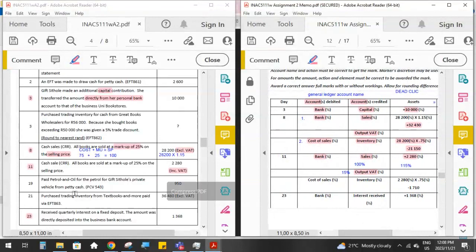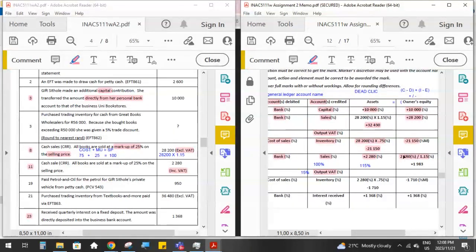And then again, cost of sales, same calculations we did before. We have to use the excluding VAT amount, the 2280, times 75% to work out. Sorry, oh, this memo, I remember now, it had an error on it. This was wrong.